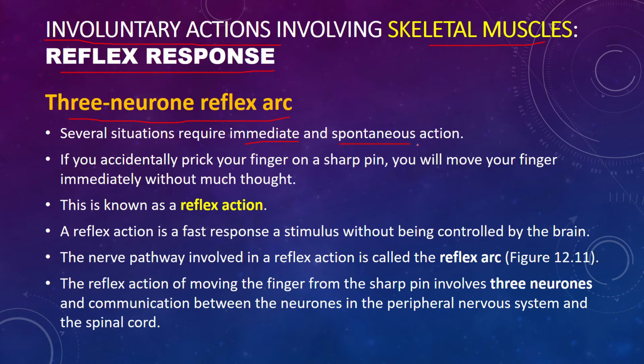For example, a condition that requires this kind of action is when you accidentally prick your finger on a sharp pin. Immediately you will move your finger without much thought. So this is an example of reflex action. It is meant for protection from harm.